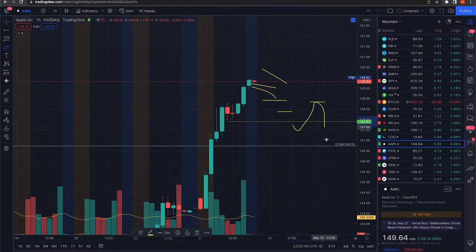Because this is going to be the start of a 1 hour downtrend. Hopefully you guys understood that. So either a bull flag or scale in a couple times before this 148. If it breaks it, then we'll get out on the next bounce because it's going to be a 1 hour downtrend, right?